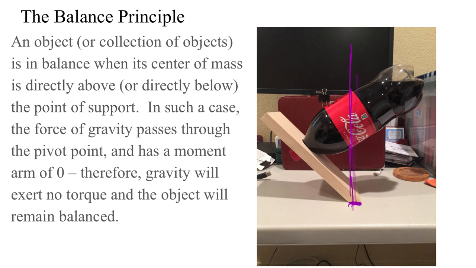Because otherwise, while in principle we could balance it on a point, it would not really stay balanced there because it would be hard to actually get it exactly stationary, and small air currents and stuff would just tilt it over. By having even a relatively small support here, we can tell that the center of mass is above at least this region. Notice that does mean that this whole swath here is where the center of mass now is. Somewhere in here is the center of mass of the system.